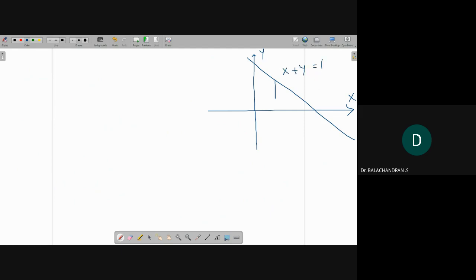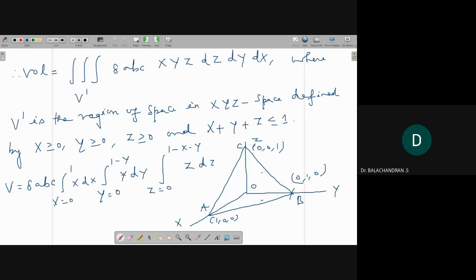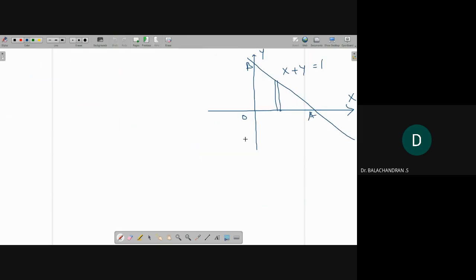If you take a strip parallel to y axis, y varies from 0 to 1 minus x. Sorry, 1 minus x, I wrote here 1 minus y. And finally, x varies from 0 to 1.